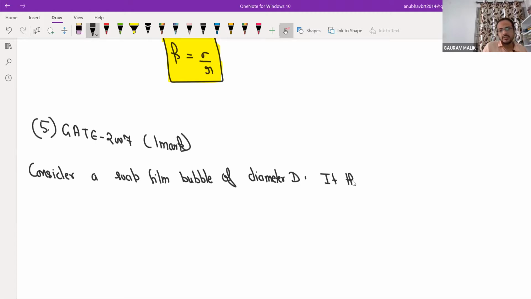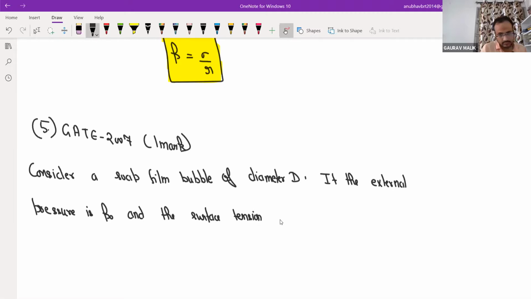If the external pressure is P naught and the surface tension of the soap film is sigma.